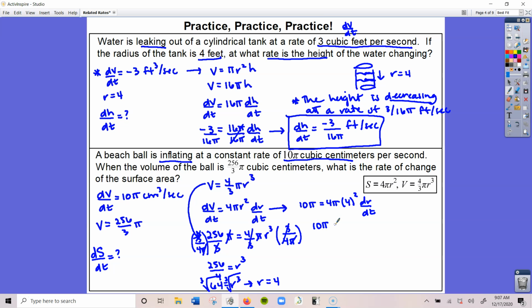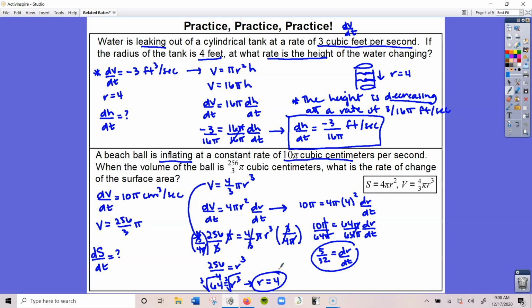So 10 pi is equal to 64 pi dr/dt. To solve for dr/dt, we're just going to divide by 64 pi. Here my pi's would cancel, and 10 over 64 is divisible by 2, which gives us 5 over 32. And this is dr/dt. I'm just going to circle these so that I know where I'm at.